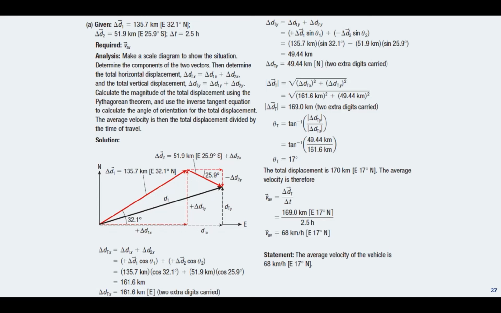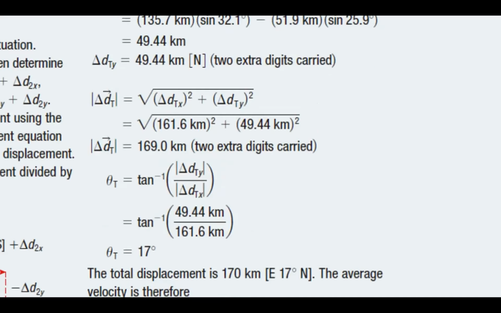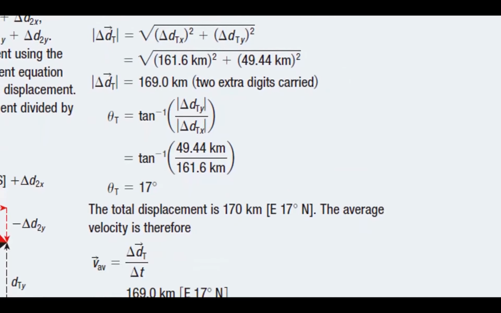Okay, then if you have the components for the total displacement, which is 161.6 and 49.44, then we can find the magnitude of this vector, right? As shown here. The magnitude of the total displacement is the square root of the sum of the two components squared, which is approximately 169.0 kilometers.